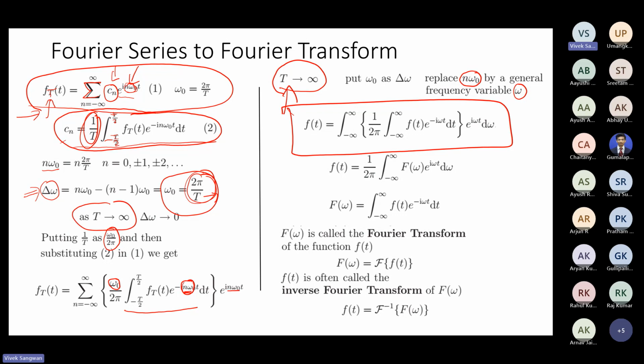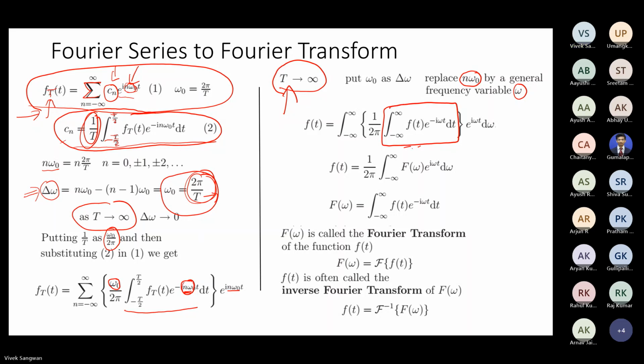And this equation is the equation of your Fourier transform, simply obtained by making T go to infinity in the Fourier series. In this expression, just this integral is called capital F of omega. This is called the Fourier transform of a function, and this function f of t need not be periodic.